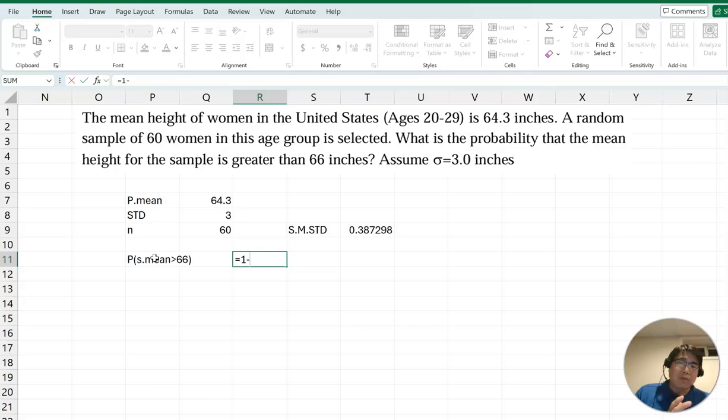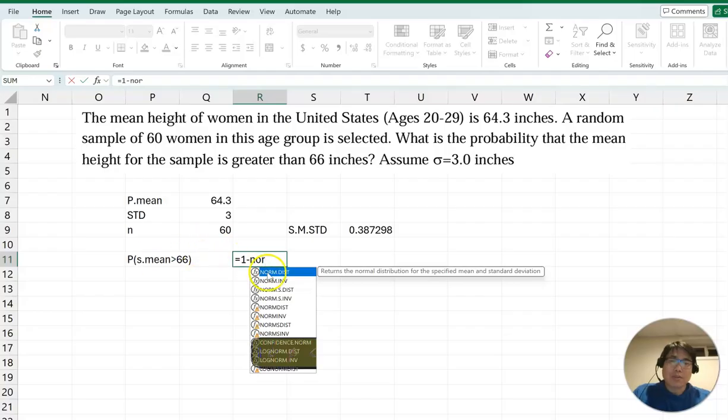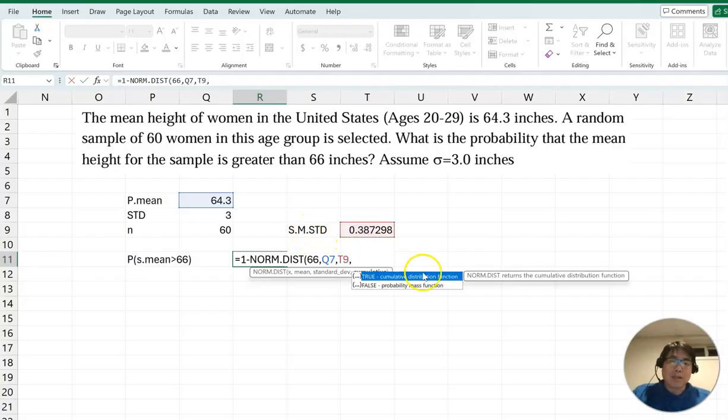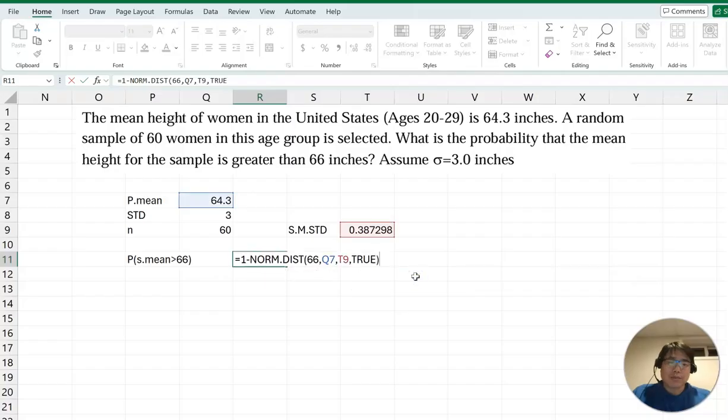To find the right side, you subtract that from 1. Therefore I do 1 minus normal distribution, type 66 as the x value, then the population mean comma, then the sampling mean standard deviation value comma, then cumulative, yes, true.